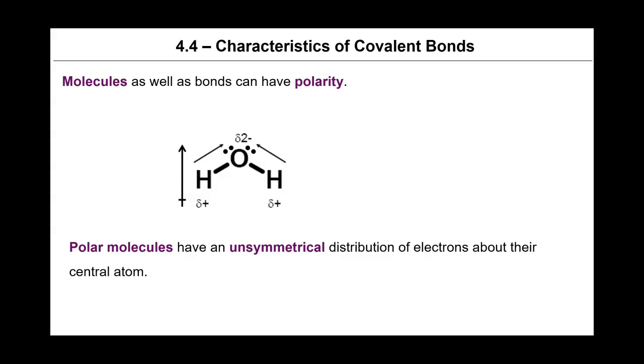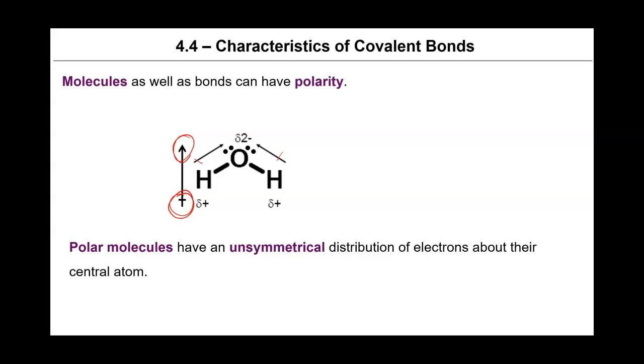It's important to recognize that not just bonds, but entire molecules can have a polarity. So if we look at this water molecule, it has 2 polar bonds, and we can see that all of the electrons are being sucked up towards the oxygen end of the molecule. And the net result of this is that the oxygen end of the molecule is more negative and the hydrogen end of the molecule is more positive.